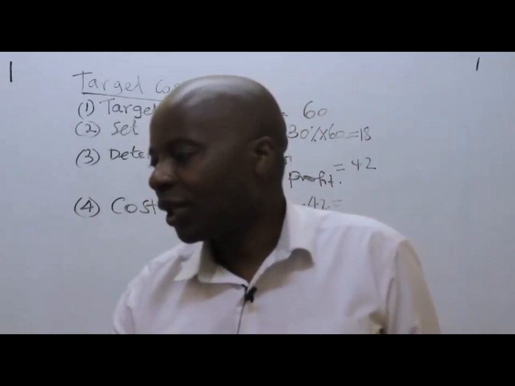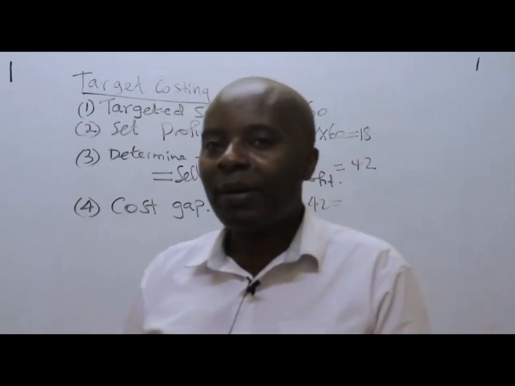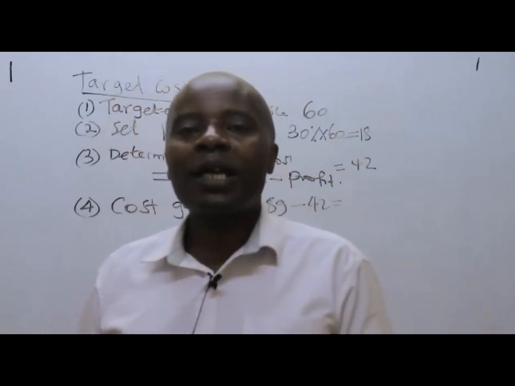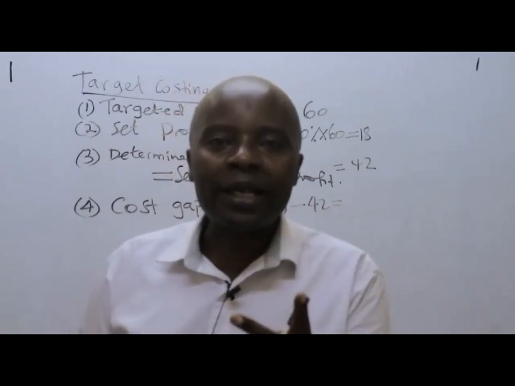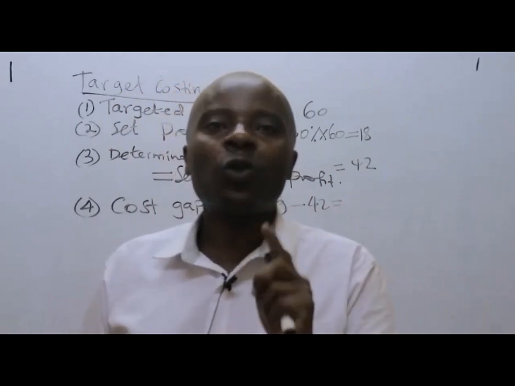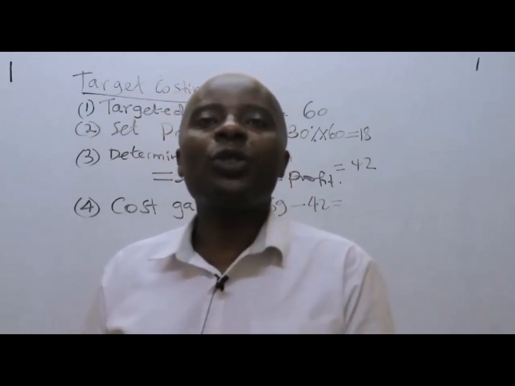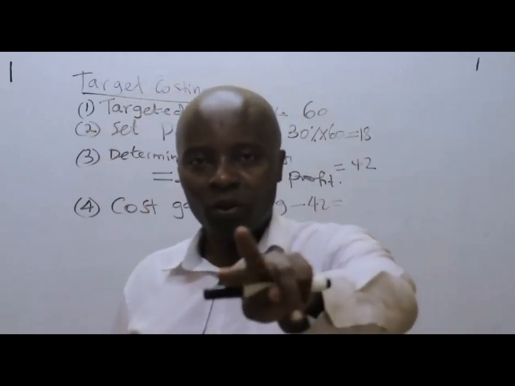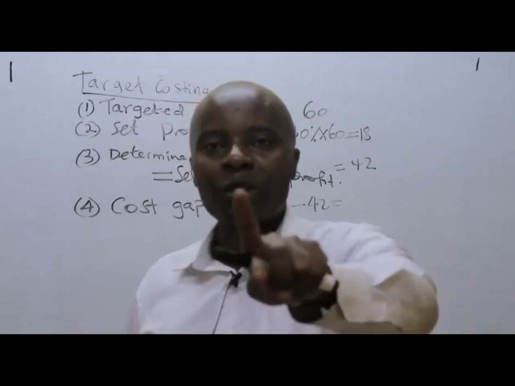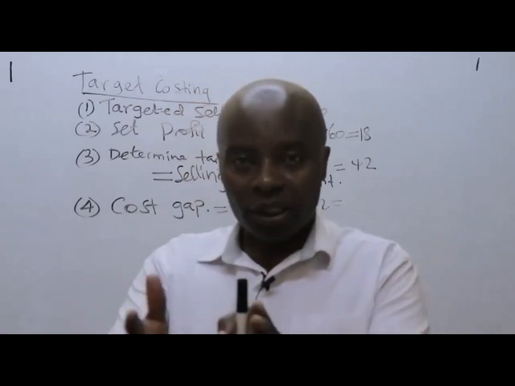Thank you very much. Now, ladies and gentlemen, I will still come back to this target costing, but at times you will get an examiner asking you for 2 marks to give ways of reducing the cost gap. Can somebody give me 2 ways that you can work with to reduce the cost gap, to make this cost gap 0 or negative?